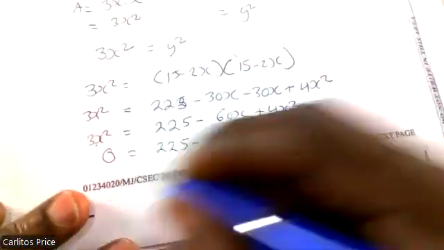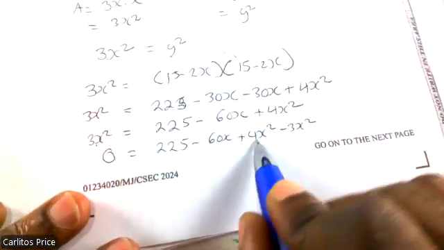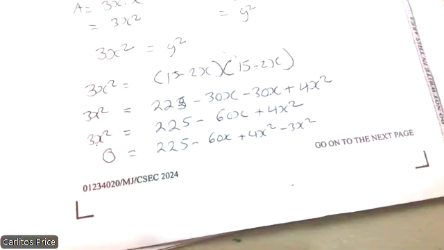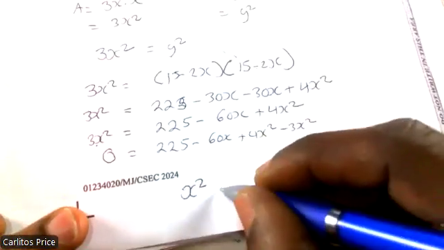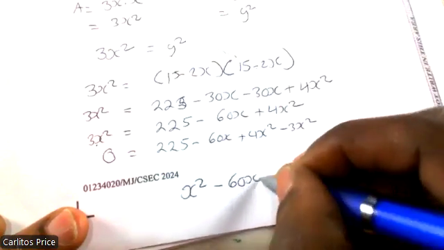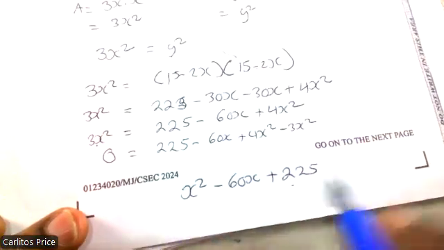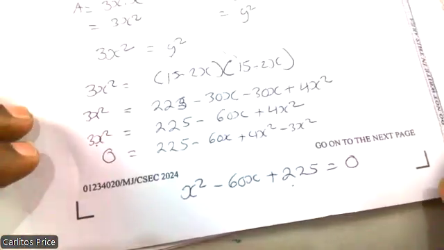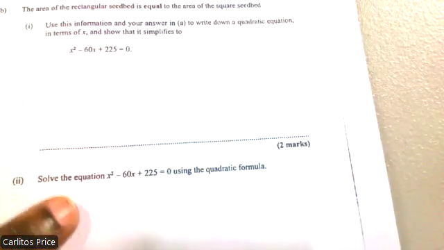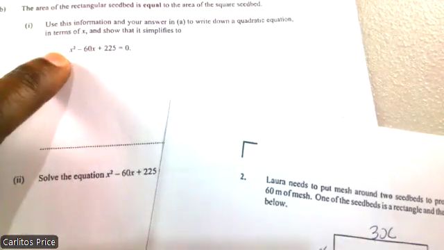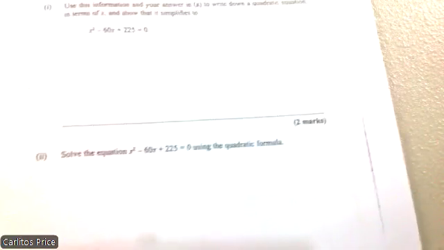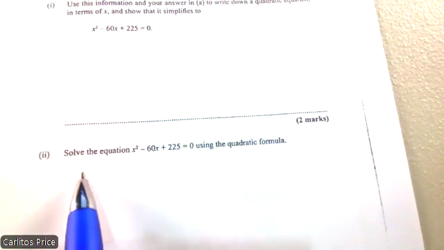So my final answer: 4x squared take away 3x squared is x squared. So x squared take away 60x plus 225 is equal to 0. So we did get this answer, x squared minus 60x plus 225. Now, it tells us we must solve this equation using the quadratic formula.